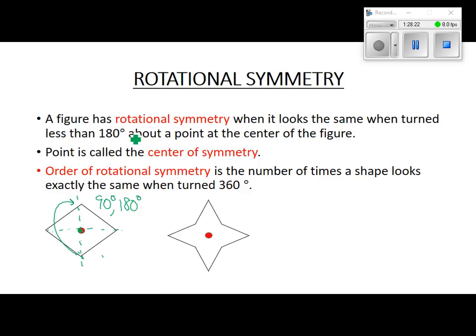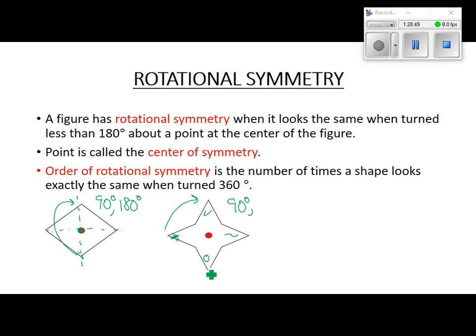Same idea on this one. If we look at the points here, maybe I put an X in that corner, a check mark in that corner, a squiggly line in that corner, and a circle in this corner. If we turn it so that the X ends up on top, we turned it 90 degrees and it looks the same, so it's got rotational symmetry at 90 degrees.